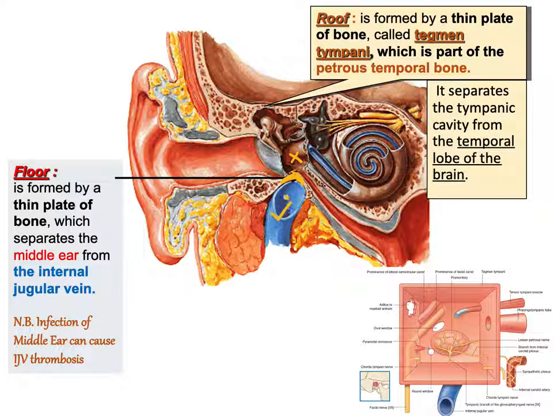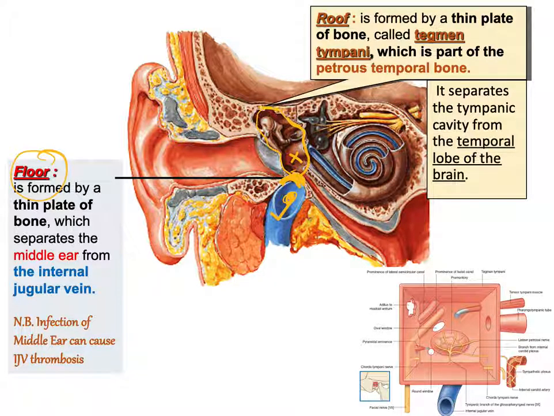And if there is infection sometime in the middle ear, it can cause internal jugular vein thrombosis, right? Because it's just separated by a thin plate of bone. This is the floor of the middle ear, right?